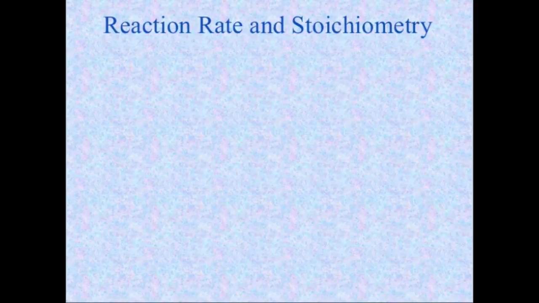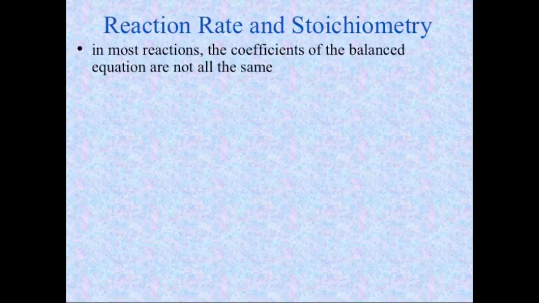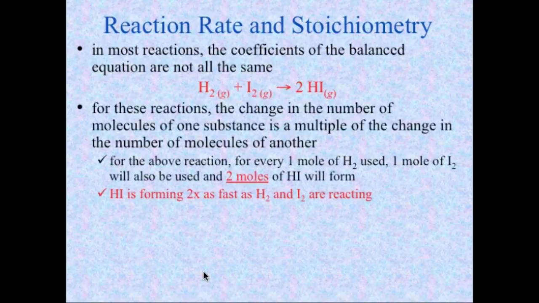Reaction rate and stoichiometry. In most reactions, the coefficients of the balanced equation are not all the same. For example, H2 plus I2 yields 2HI. For these reactions, the change in the number of molecules of one substance is a multiple of the change in the number of molecules of another.